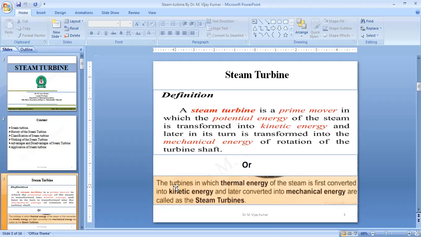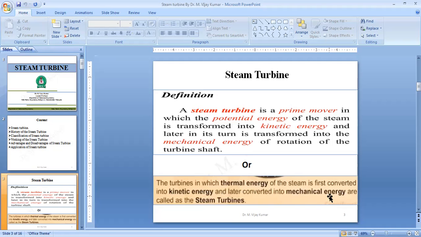And there's another definition: the turbine in which thermal energy of the steam is used. In the boiler there will be water. We are going to give energy to the water, and it will get converted into steam. That steam will be having some heat content, so heat energy. That thermal energy of the steam will be converted into kinetic energy by the help of the nozzles, and later it will be converted into mechanical energy.